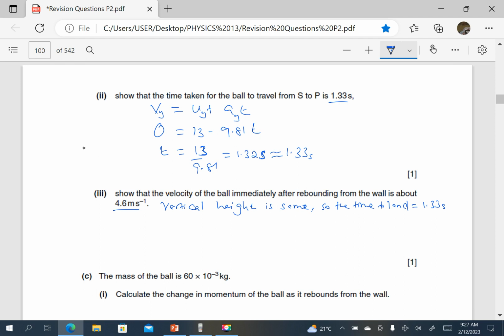If air resistance is negligible, the time it is going to take to land is going to be 1.33 seconds. And now we are in the horizontal.